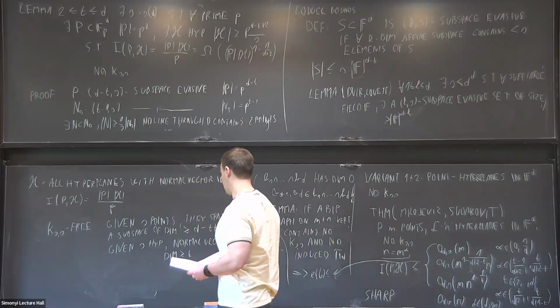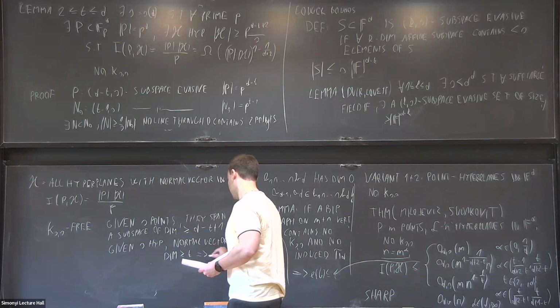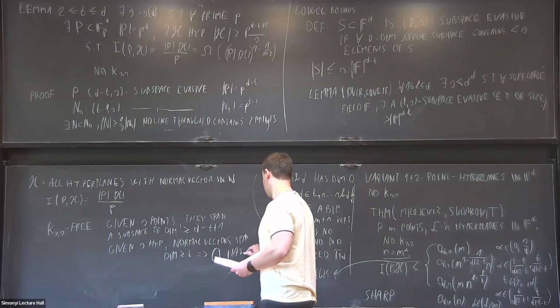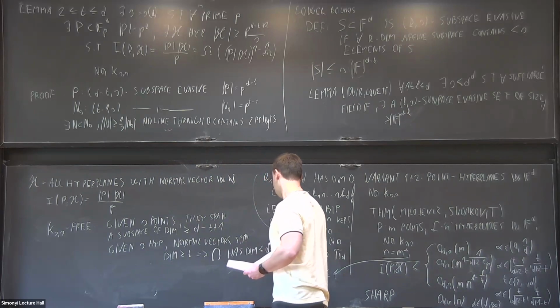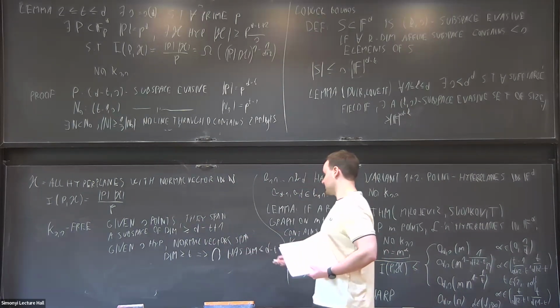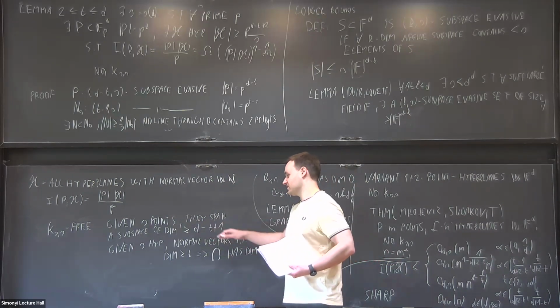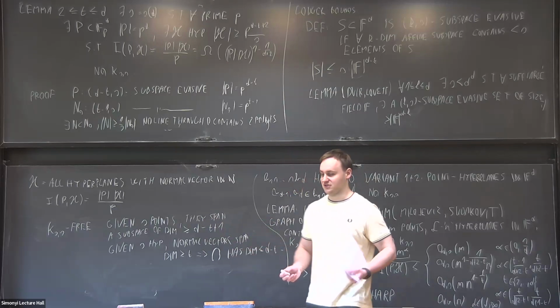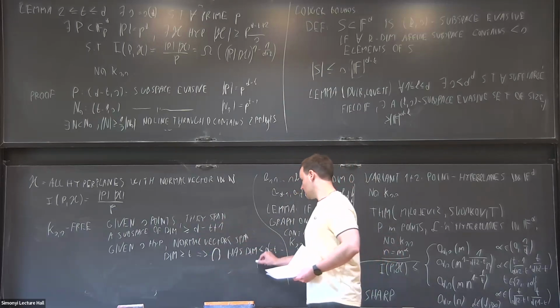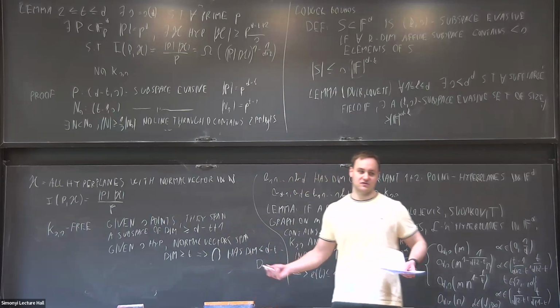But this means that the intersection has dimension less than or equal to d minus t. So you see that the intersection is d minus t dimensional, but they contain S points that span a d minus t plus 1 dimensional space. So this is impossible. So we cannot have a KSS. And this is the proof.